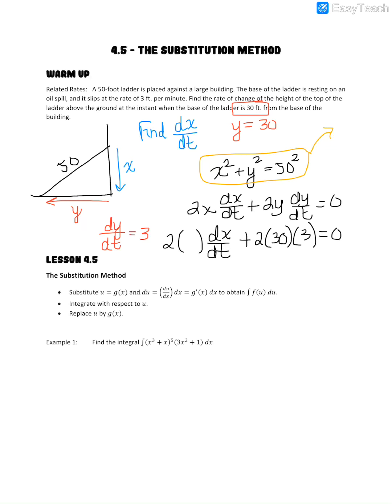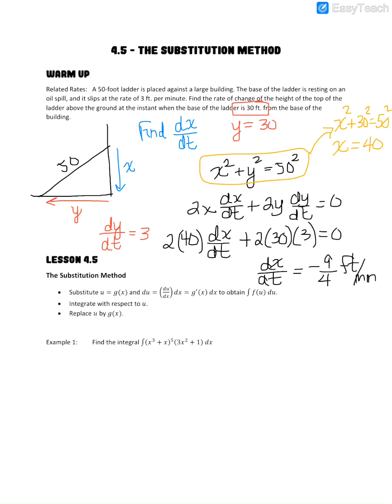I don't have a lot of room, so I'm just going to say x squared plus 30 squared equals 50 squared. And if I solve that out, I get x is equal to 40. Okay, so my x is 40. And now I can solve for dx/dt. So once I isolate that dx/dt, I get an answer of negative 9/4 feet per minute.